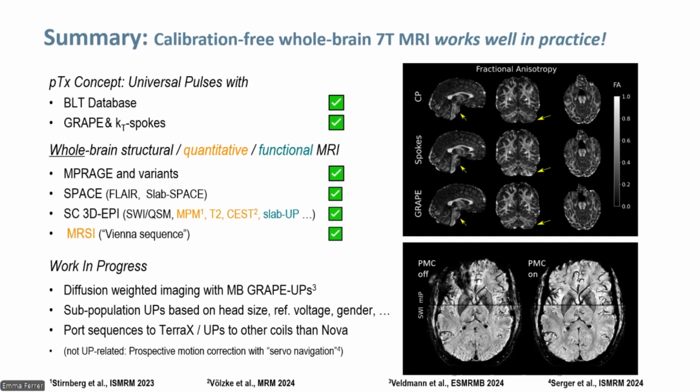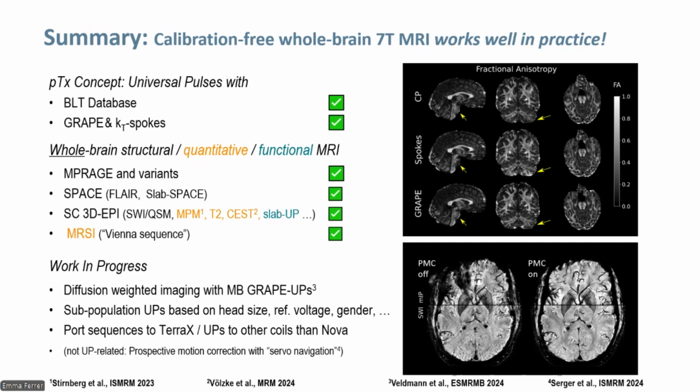For instance, like my colleague Martin Feldman introduced today here at the ISMRM, multiband GRAPE universal pulses, and also having a larger B1 and B0 database soon available. Of course, we also think about making universal pulses for subpopulations, perhaps depending on head size or other parameters.